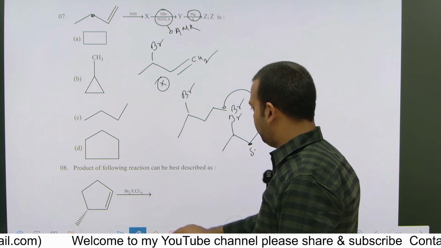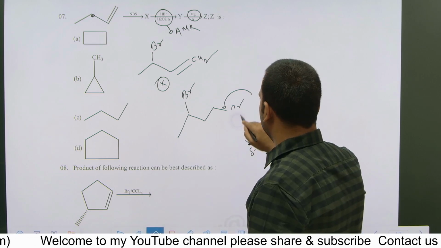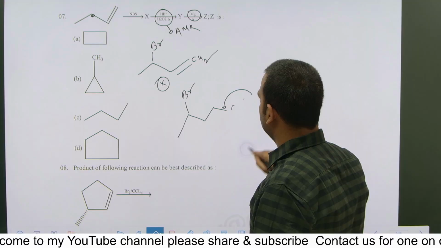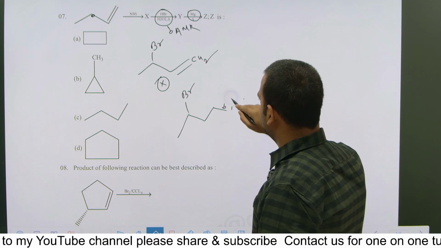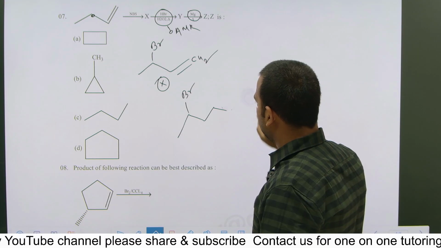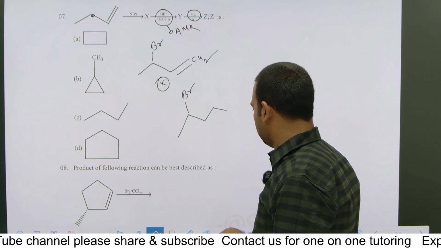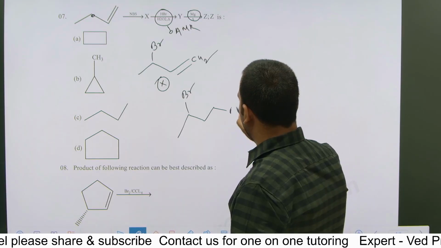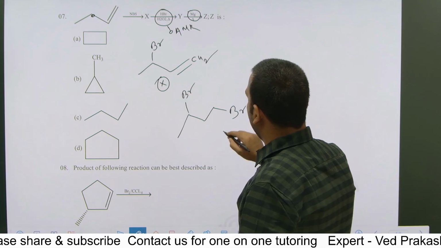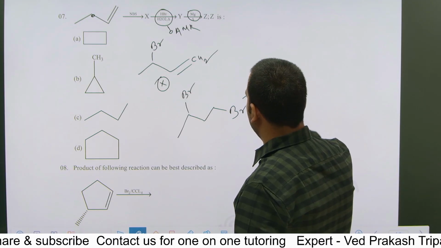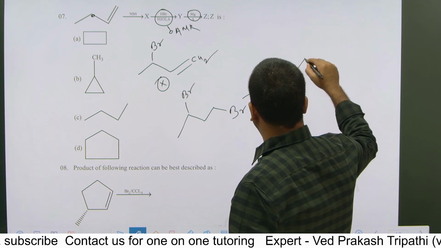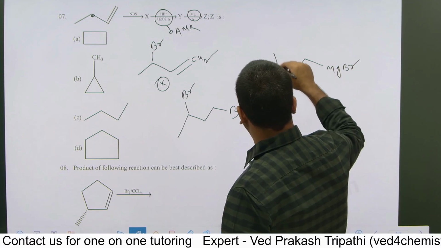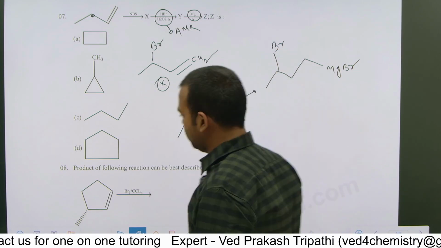Wait. Here we have an extra carbon. Yes, this one. So here we have a bromine, and when it is treated with Mg, then it would be this MgBr, like this.